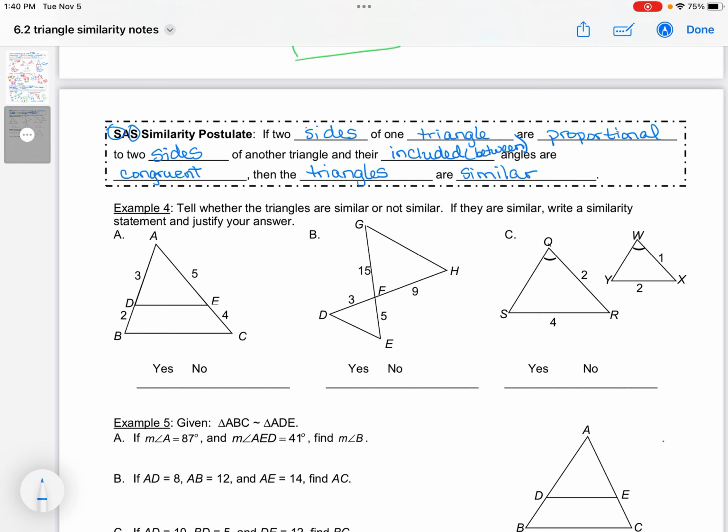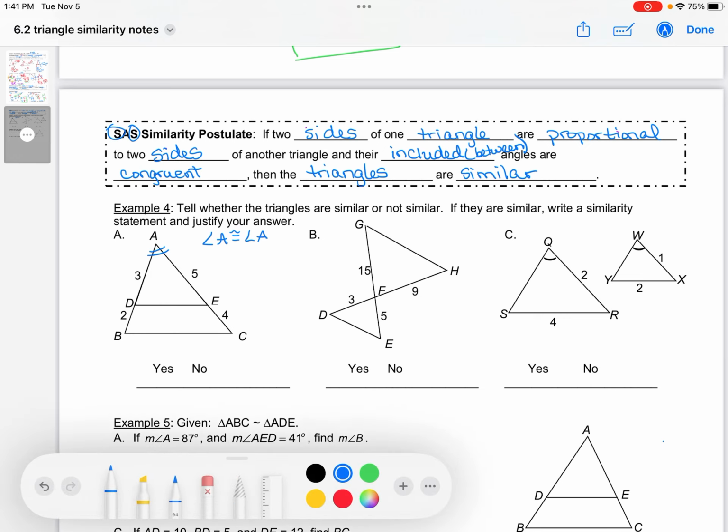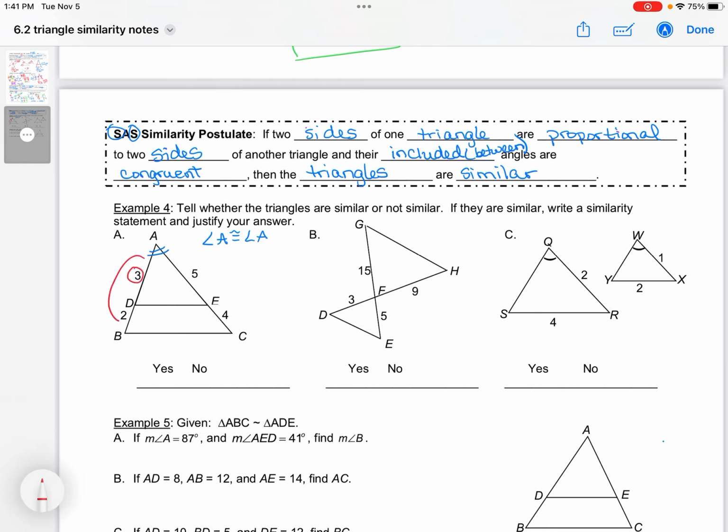Okay, so when you look at this first one, you know that this is the same as itself. So angle A is congruent to angle A. So I know I have that part. And then I'm looking at this compared to this, and this compared to this.